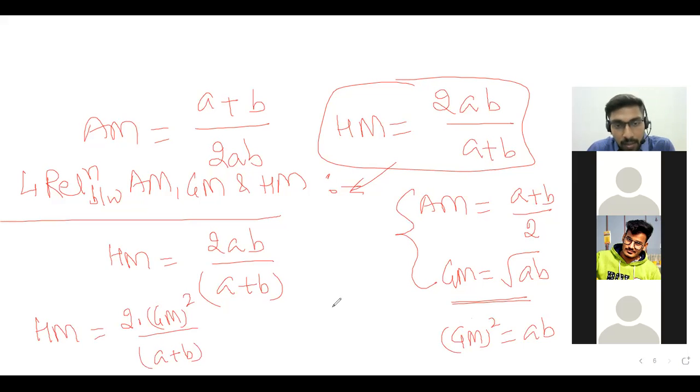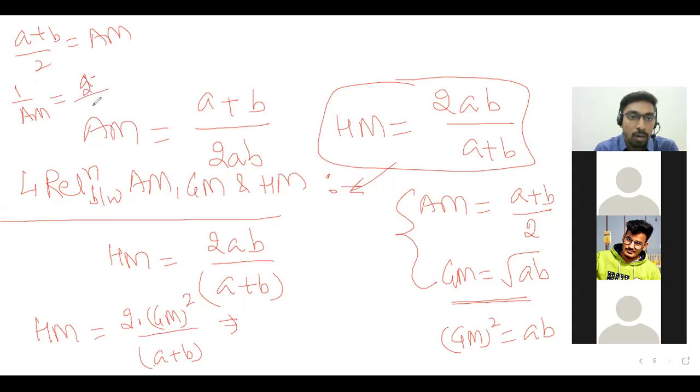Is it clear? Basically AB equals GM square. Is it clear? Please tell me. Okay, fine. After this, one more thing you can see here, (A plus B) divided by 2. If (A plus B) upon 2 equals AM, the arithmetic mean, then 1 upon AM, the reverse of the same thing, will be 2 upon (A plus B).